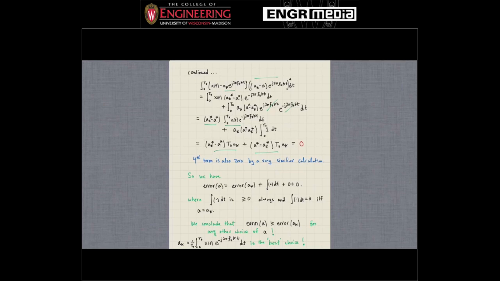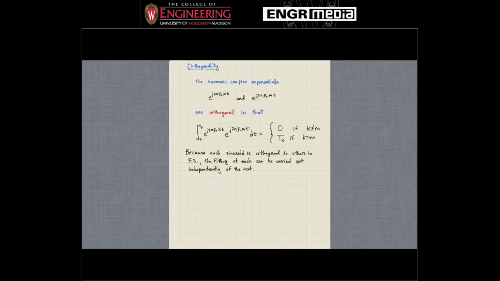And we pretty quickly can conclude that the error of choosing any other complex number a is going to be greater than the error of ak, right? So that implies that choosing ak to be this integral here is the quote-unquote best choice in terms of minimizing the mean squared error.